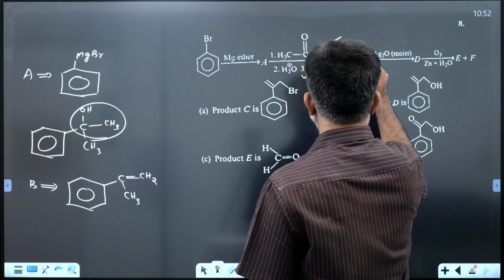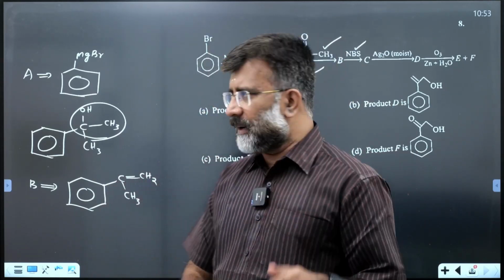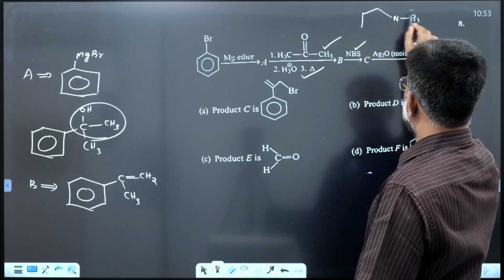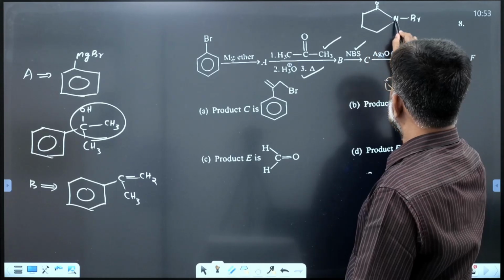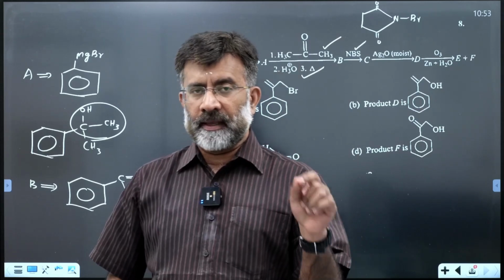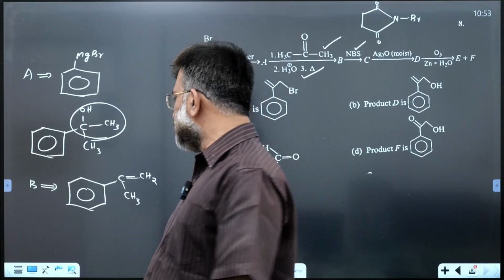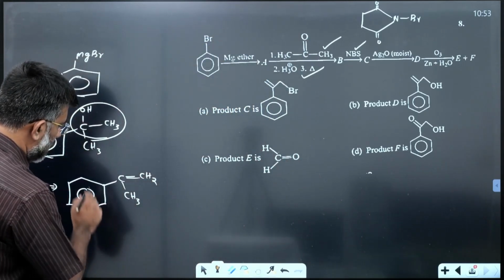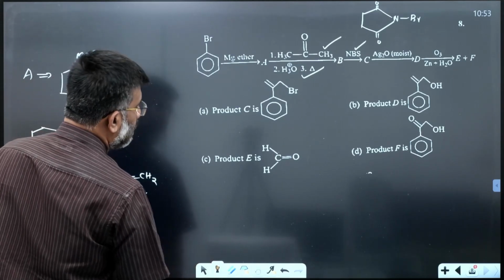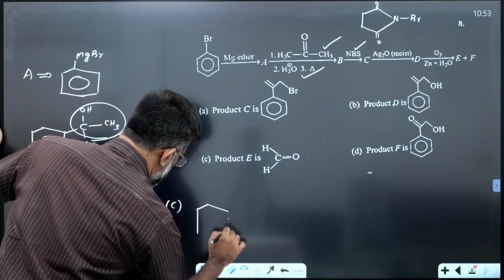And now B is treated with NBS. I think NBS is known to all. N-bromosuccinimide, NBS, which is an allylic brominating agent. At the allylic position, there will be halogen coming, and the compound C will be this one.